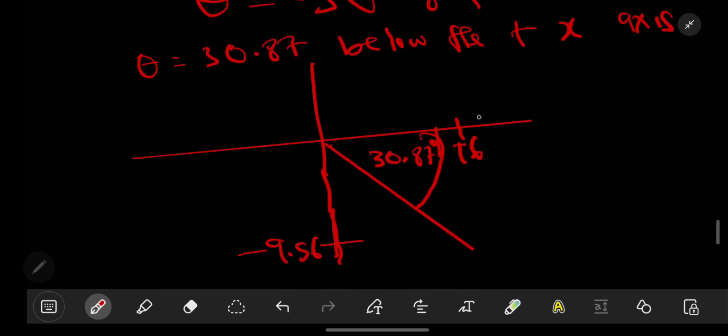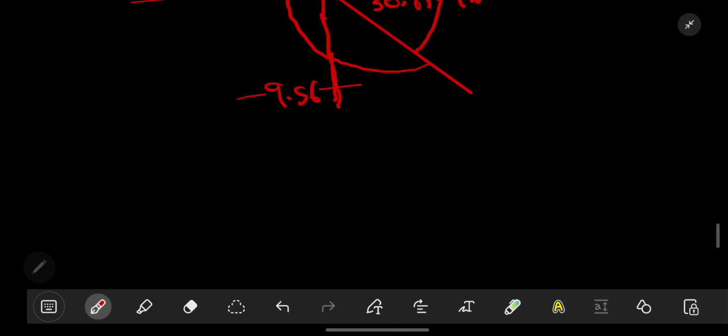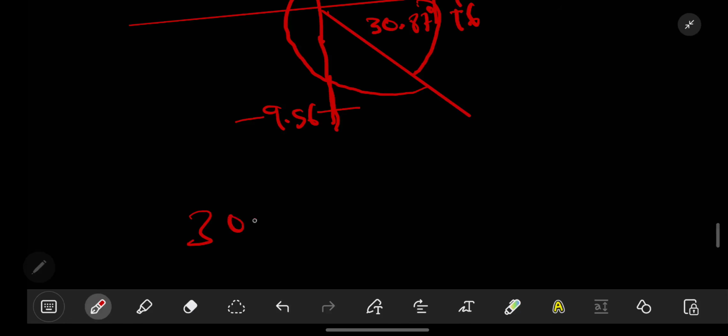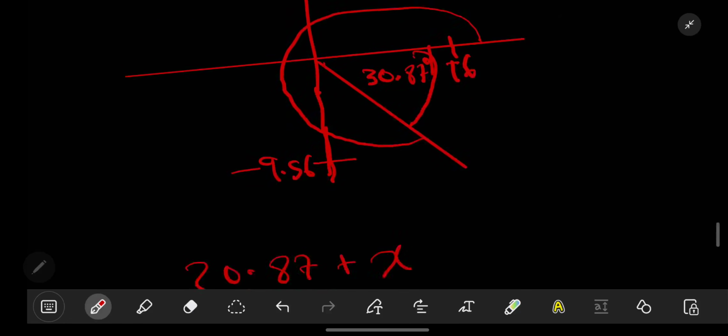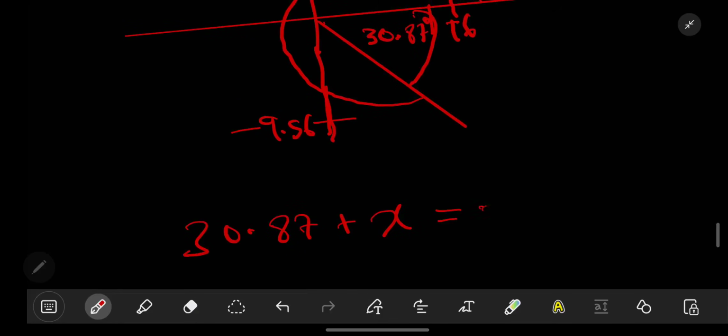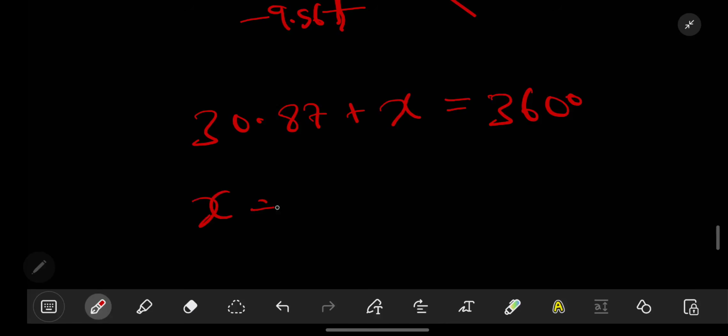If you want, you can measure it from the positive x-axis, moving to here. It will be 30.87 plus the unknown angle, which is the whole thing, should be equal to 360 degrees. So our angle is equal to 360 degrees minus 30.87 degrees.